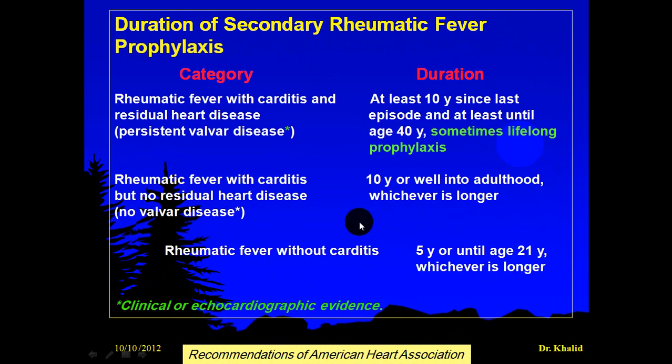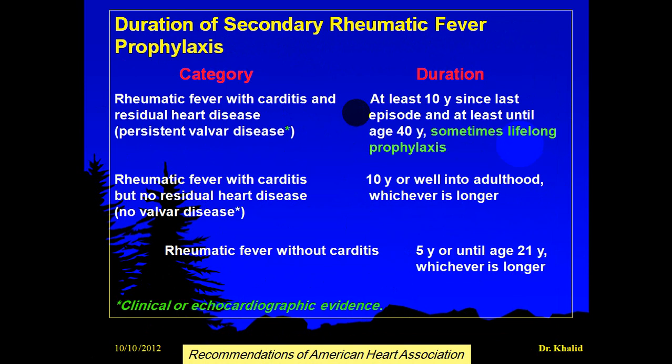And the duration of secondary prevention of rheumatic fever has categories: rheumatic fever without carditis; rheumatic fever with valvular heart disease and echo or clinical findings; or rheumatic fever with carditis but no echo or clinical evidence. So the first group, rheumatic fever with carditis and residual heart disease persistent by clinical or echocardiography: at least 10 years since the last episode, or at least until 40 years of life, and sometimes lifelong prophylaxis.